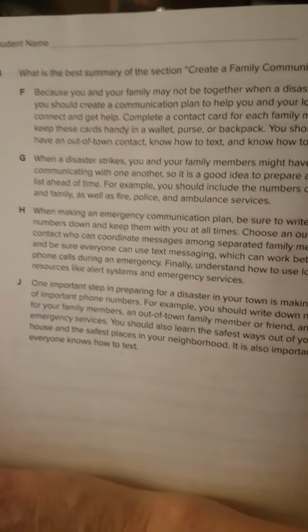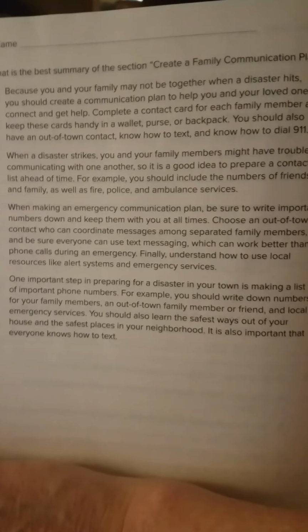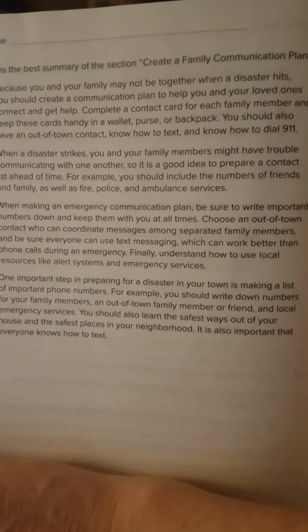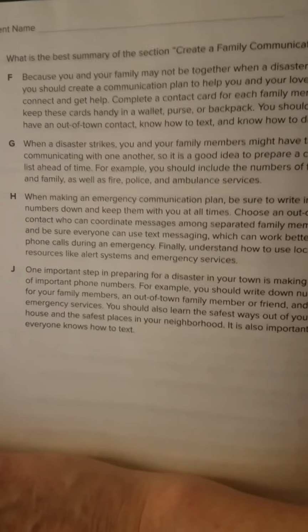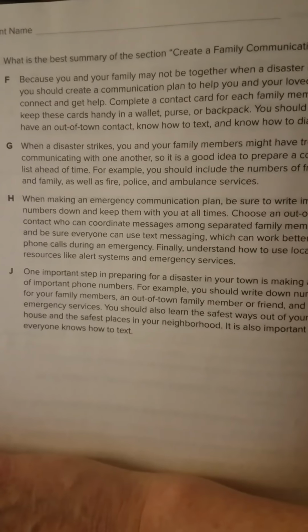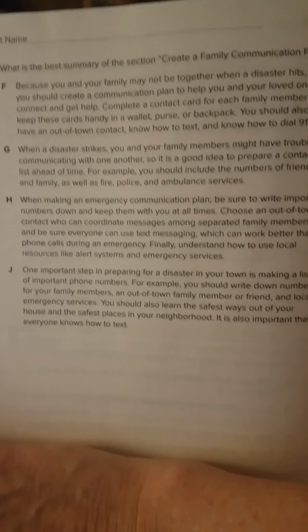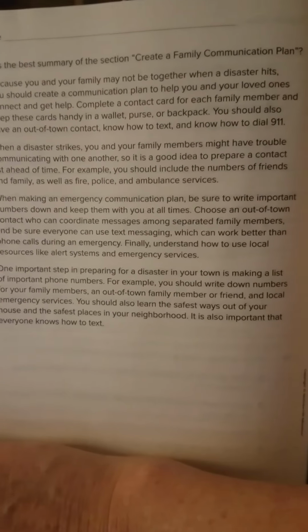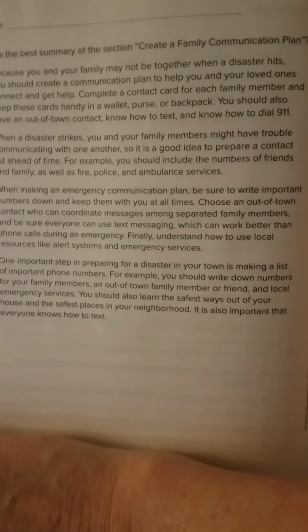G. When a disaster strikes, you and your family members might have trouble communicating with one another, so it is a good idea to prepare a contact list ahead of time. For example, you should include the numbers of friends and family as well as fire, police, and ambulance services. H. When making an emergency communication plan, be sure to write important numbers down and keep them with you at all times.